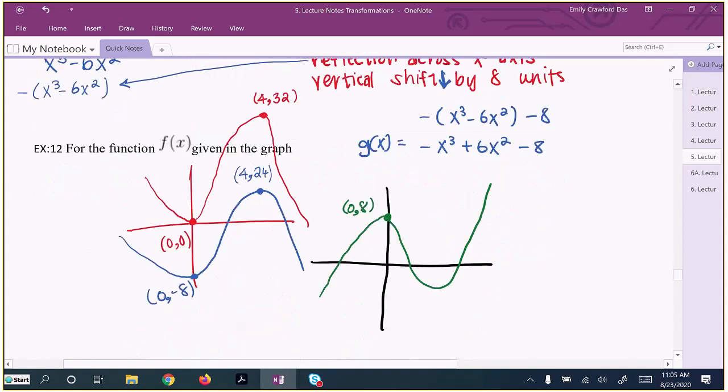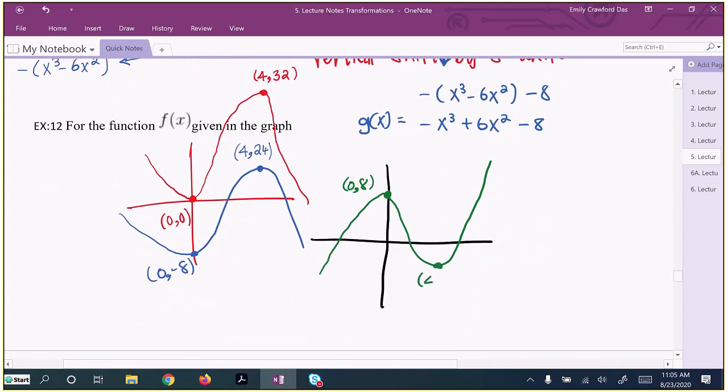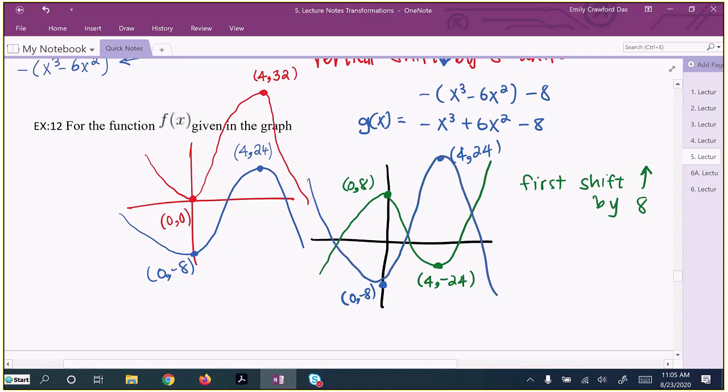And the point 4 and negative 32 would become 4 and negative 24. So first I could shift up by 8. Then, if I do the reflection, 0 and 8 becomes 0 and negative 8. 4 and negative 24 becomes 4 and positive 24. And this will be my shape.